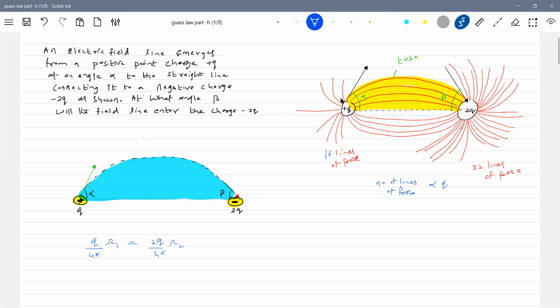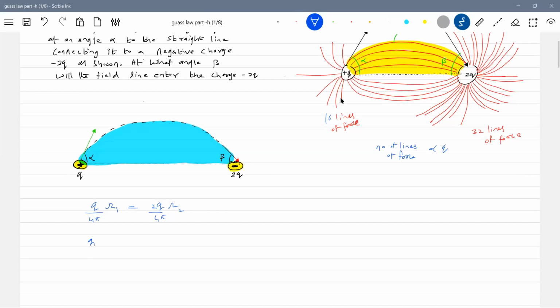Alpha 1 is the solid angle subtended by the tube at Q, and alpha 2 is the solid angle subtended by the lines of force at 2Q. Alpha 1 will become 2 pi times 1 minus cos alpha, where alpha is the half cone angle. For 2Q, it will be 2 pi times 1 minus cos beta. How to interpret this?